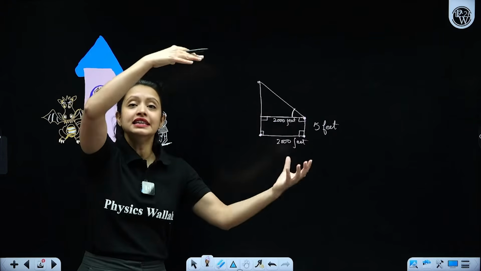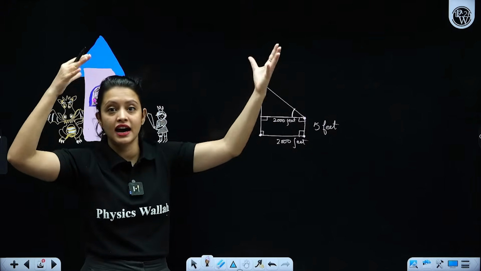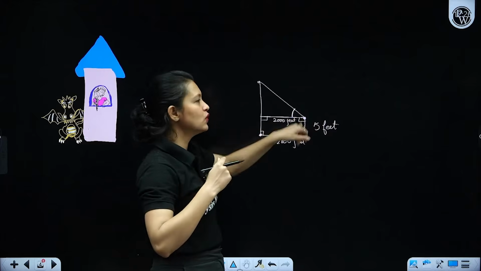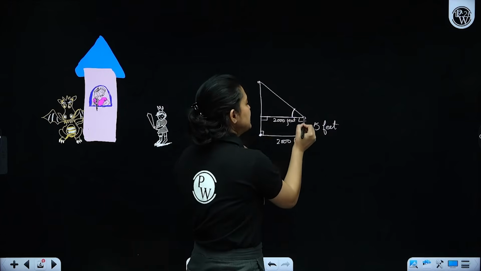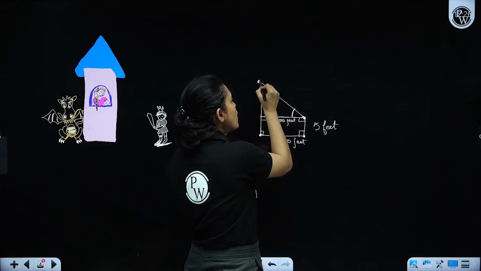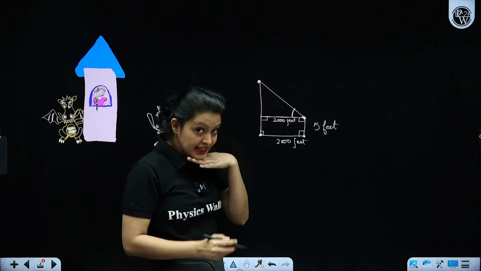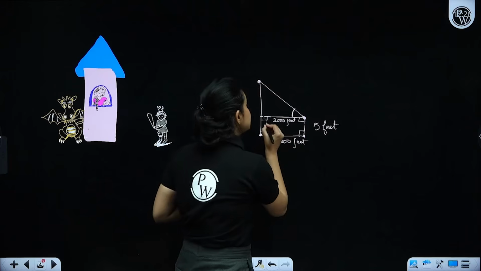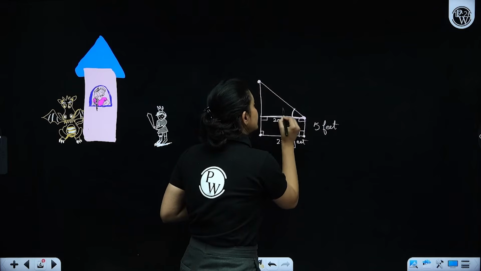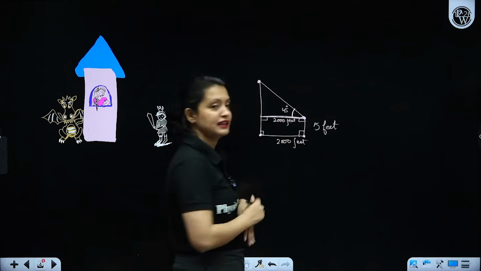Using the sun's position in the sky, he is very smart. He figures out that when this guy looks up at the top of the tower where he has to climb, his neck is making an angle of 45 degrees. His neck is making an angle of what? 45 degrees. This is 45 degrees. Okay?